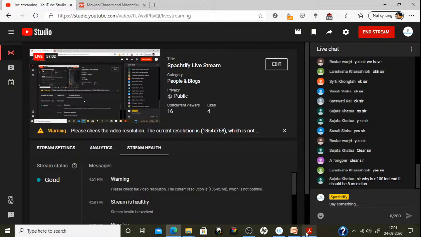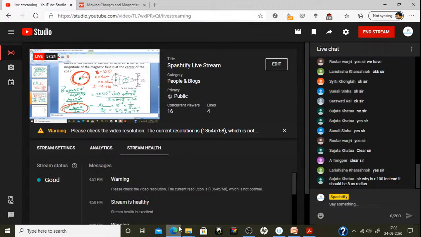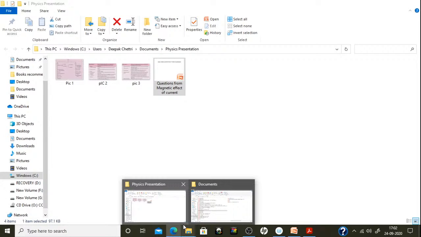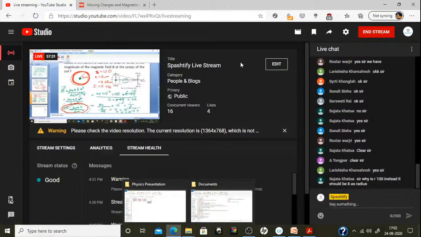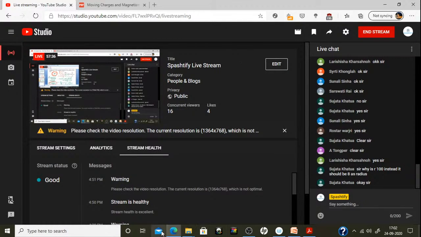That is N. This is N, not R. Sorry if it looks like R. There is no R here. Radius is denoted with A, and N is the number of turns. Okay, is it clear? So now I'll go to the next question.